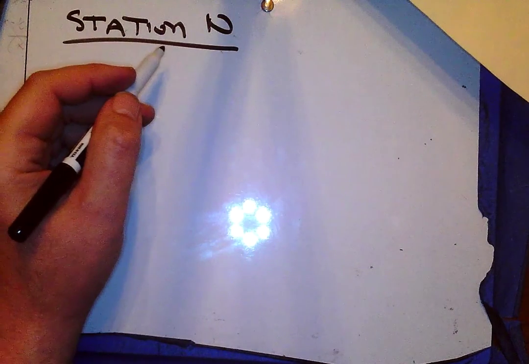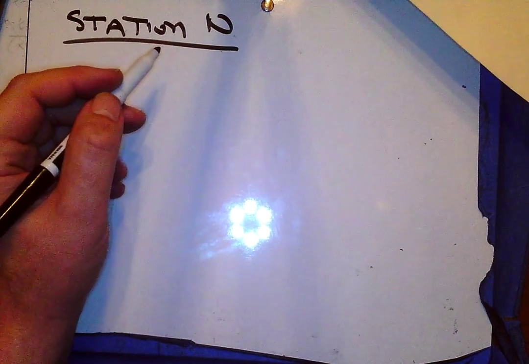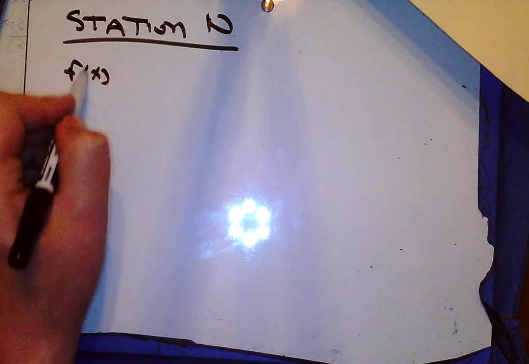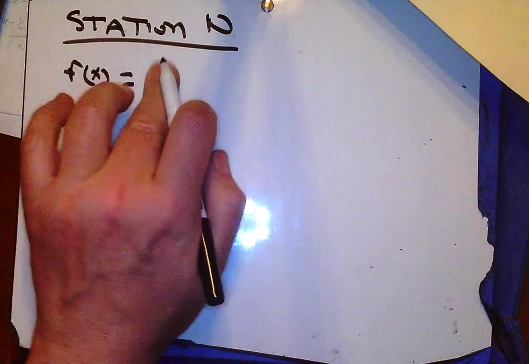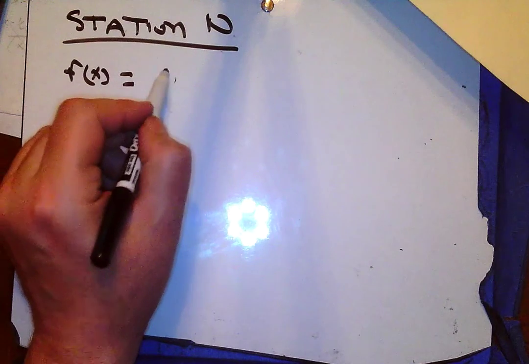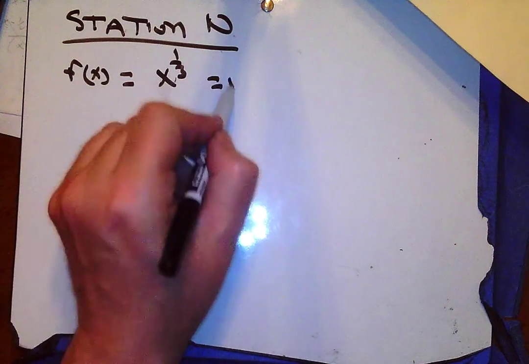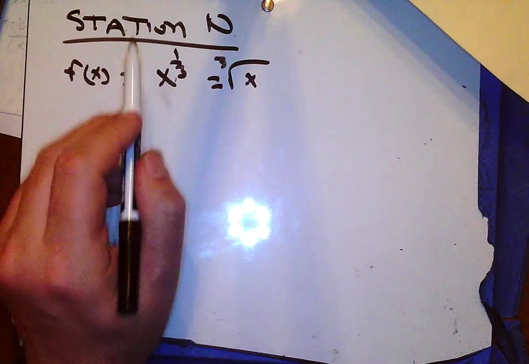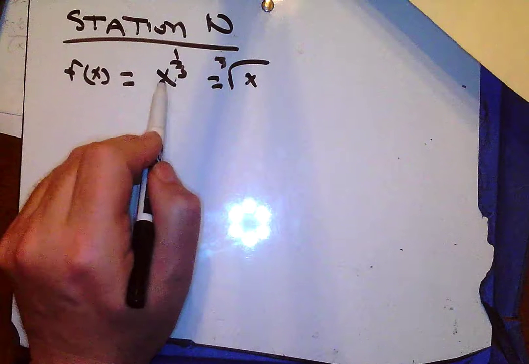Station 10 is going to be f of x equals x to the 1/3, which we think of as cube root of x, but the calculus is much easier if I use that. And we're only interested in the interval from -1 to 1, it seems.